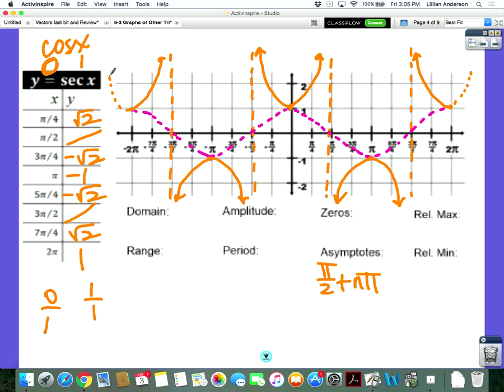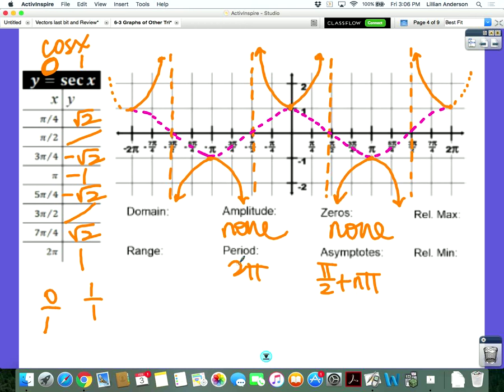Do I have any zeros? Nope. What's my amplitude? There's none. It's just like cosecant. What's the period? 2 pi, because remember, it's just reciprocals of sine and cosine. So it still has the same period as them.